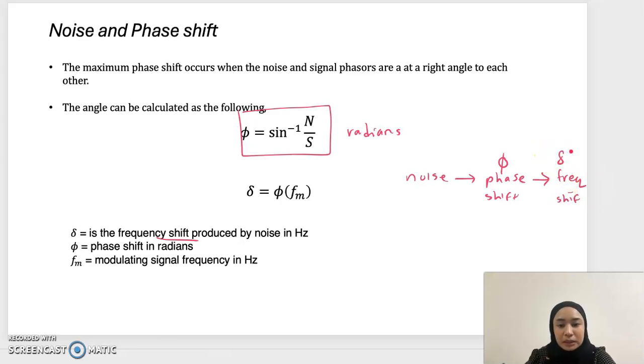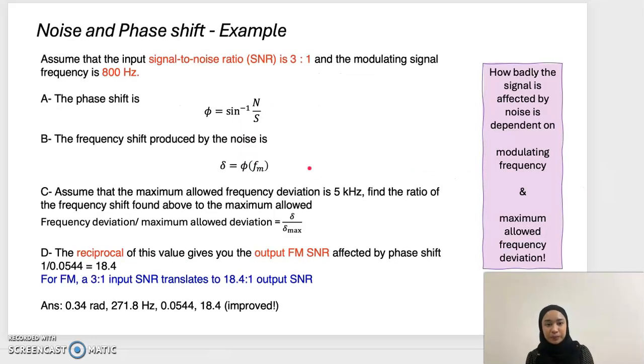Delta can be calculated using this equation: delta is phi times the modulating frequency. Phi needs to be in radians, so make sure you know how to use your calculator in radians, and the modulating signal frequency is in hertz to get your frequency shift. Okay, so this is an example of noise and phase shift. Assume that you have an SNR of 3 to 1.